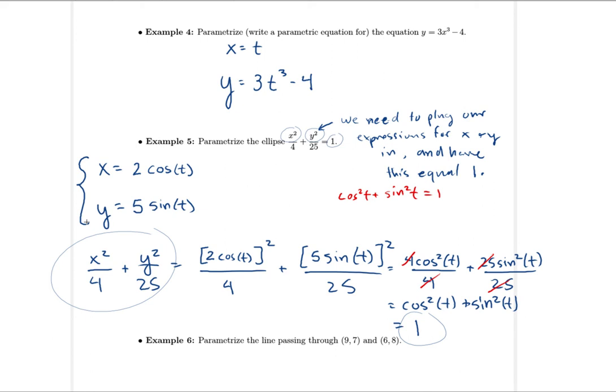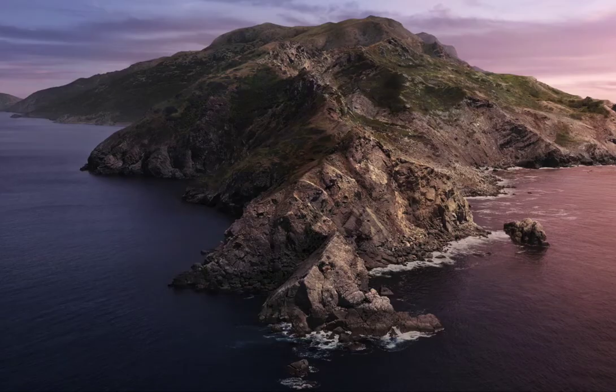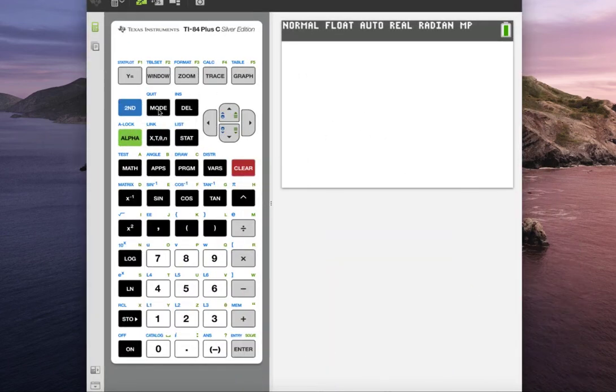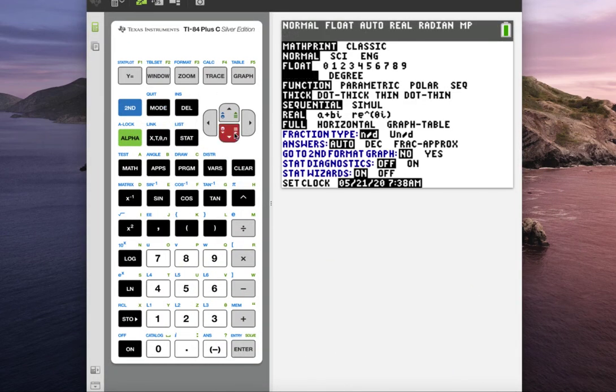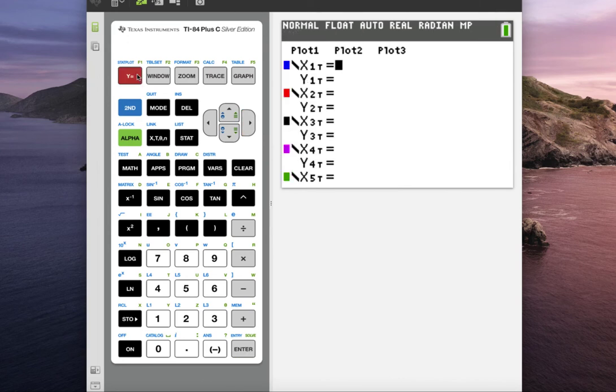Now this one's a little tougher, so this might not be a bad one just to double check for ourselves, make sure we're doing this right. So make sure I'm in my parametric mode. And so I've got 2 cosine of t and then 5 sine of t.